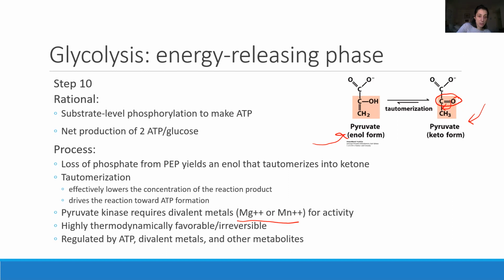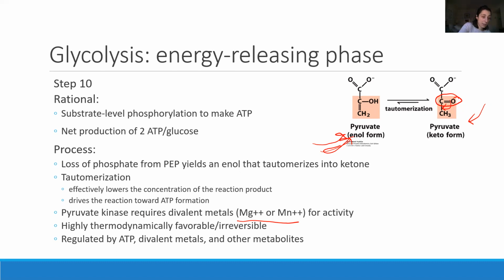And in addition to the thermodynamic favorability and irreversibility, we have the tautomerization that also pulls along the reaction to continue towards forming pyruvate. This step is also a step that is regulated. The enzyme is regulated by ATP. It's also regulated by other divalent metals and other metabolites.